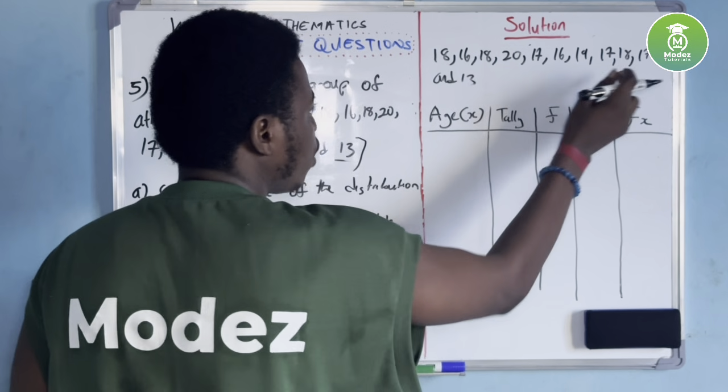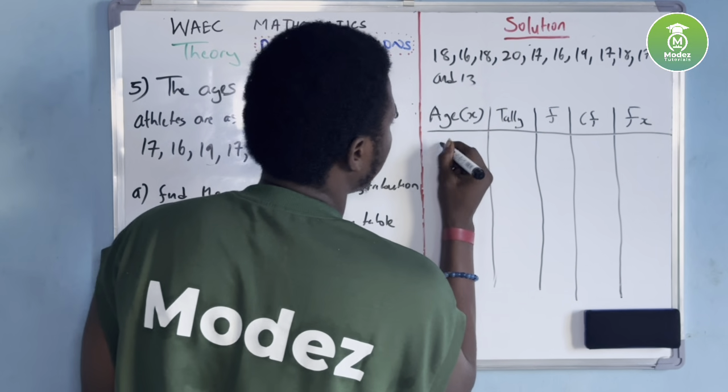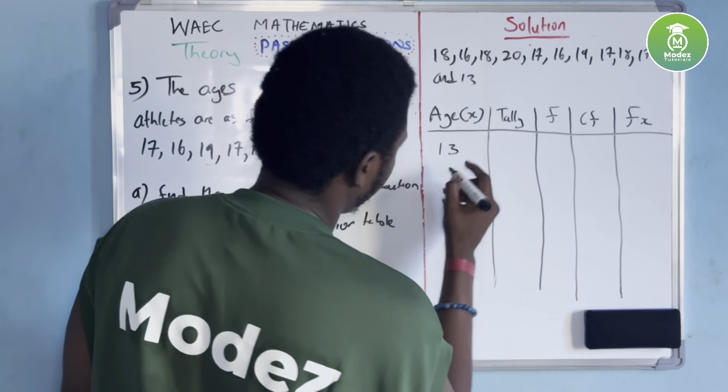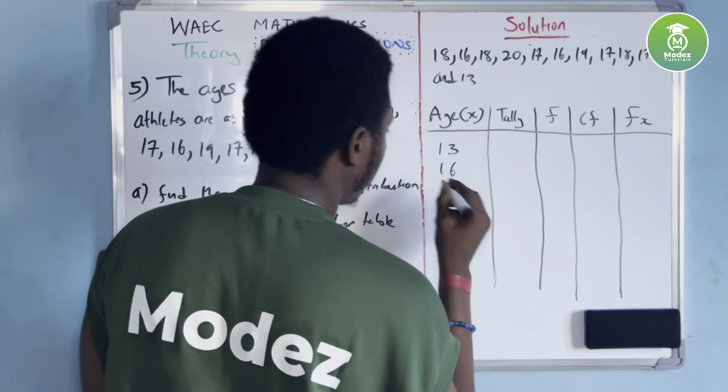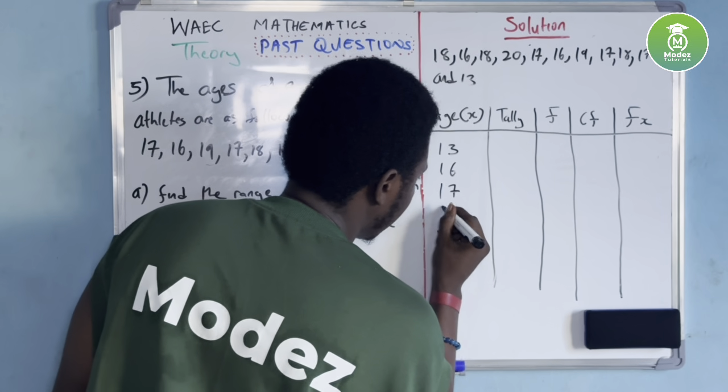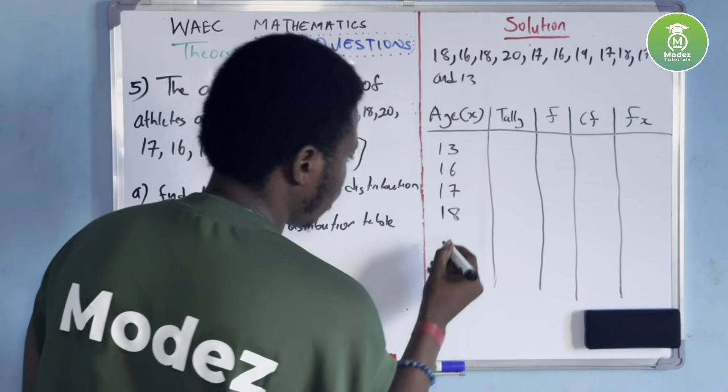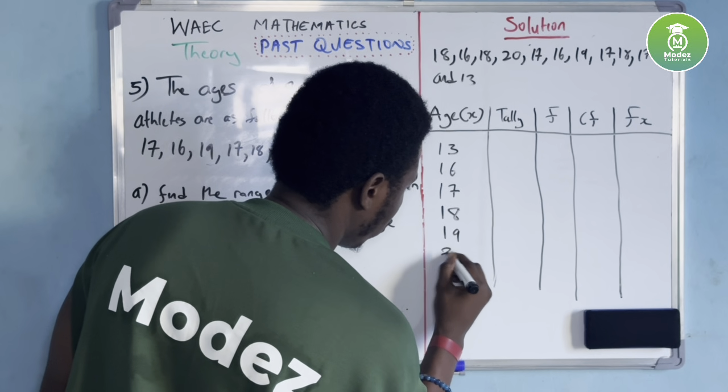Now, for the age, the lowest is 13, followed by 16, then 17, 18, there's 19 also, and then there's 20.